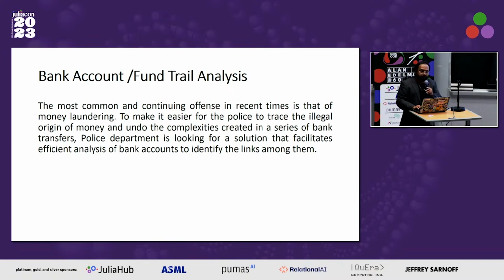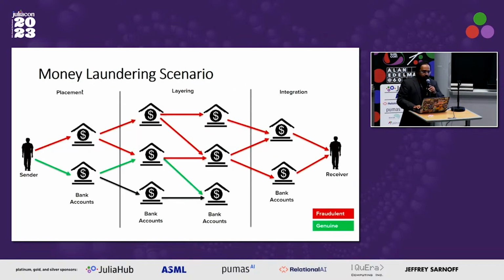Then next is the bank account analysis. This is a pressing problem, which I had also presented as a lightning talk just half an hour ago. In a money laundering scenario, there are three stages: placement, then layering, then integration.